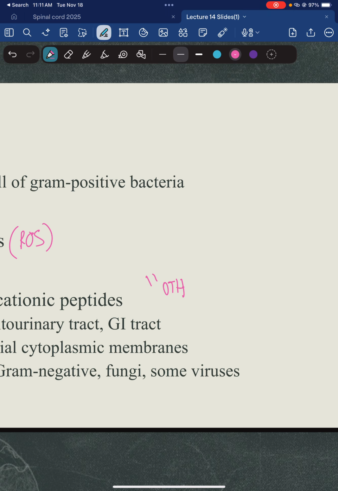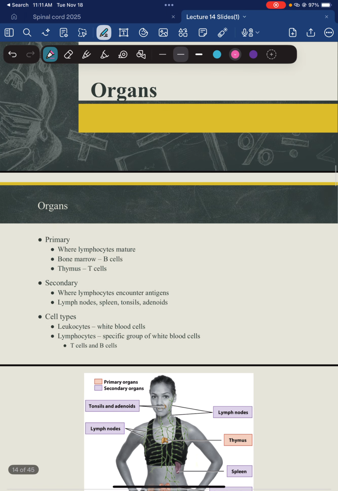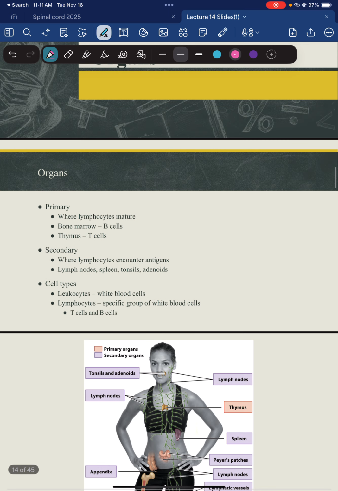All right, so let's actually start looking at some new stuff. Primarily, where does our immune system reside in our body when it comes to the more specialized cell types? The physical and the chemical barriers are great, but we want to look at all of the white blood cells that actually circulate around and eat up that bacteria.